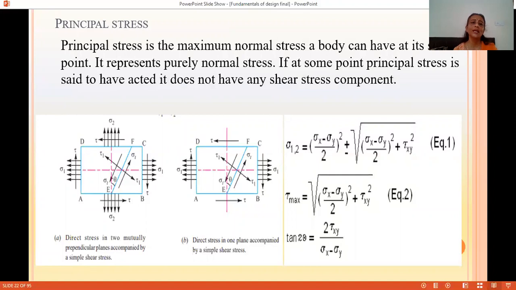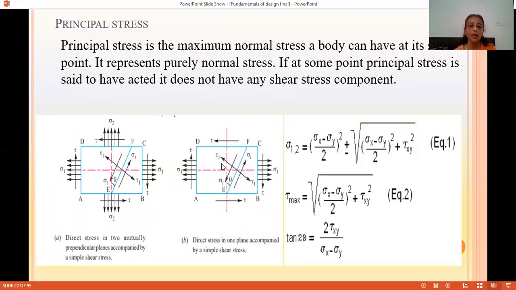So principal stress is the maximum stress a body can have at some point, and it purely represents the normal stress. Students, you can see in this diagram we have two mutually perpendicular stresses in the X and Y planes, that is sigma 1 and sigma 2, here also accompanied by transverse shear stress, correct?